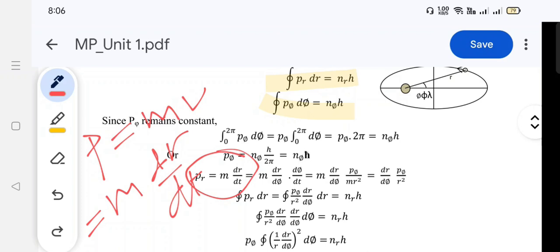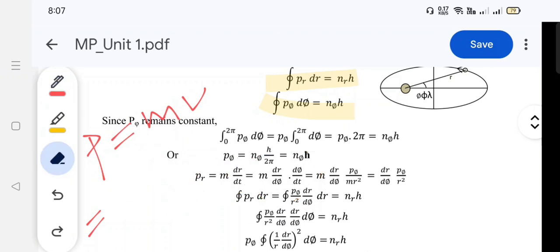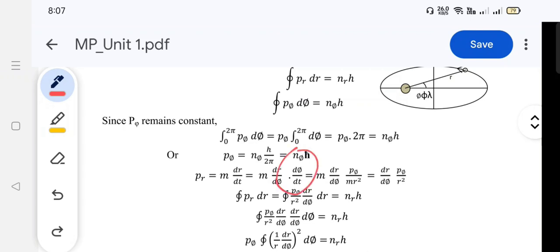Here we change the variable from time to phi, so dr by dt is replaced by dr by d phi times d phi by dt.